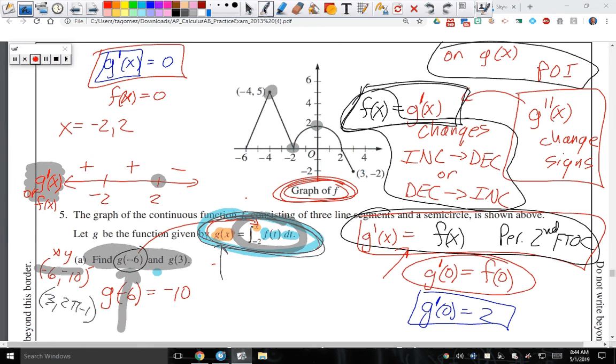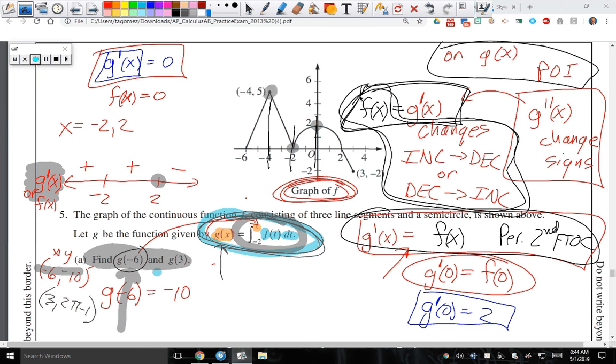So you would say points of inflection occur on G of x at x equals -4, 2, and 0. Per what? Definition of point of inflection. Because f of x changes from increasing to decreasing or decreasing to increasing.